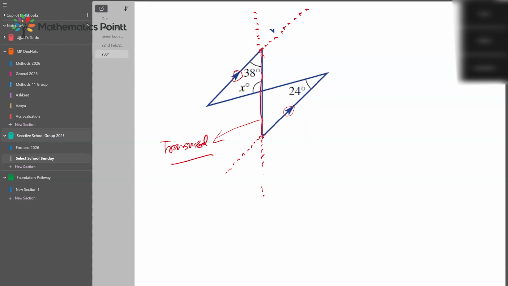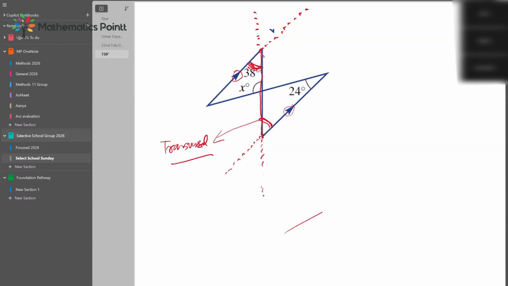So this angle must be equal to this angle. Why? Can you tell me why? The arrow sign is fine, but what are these angles?